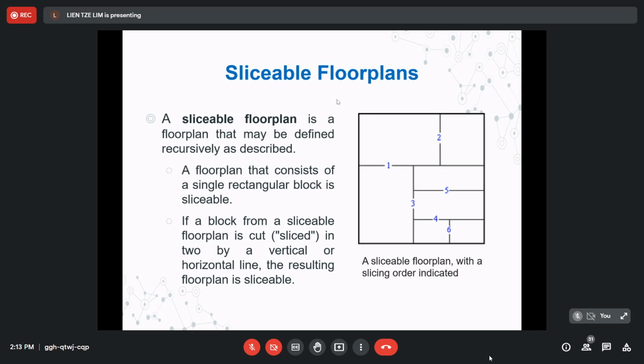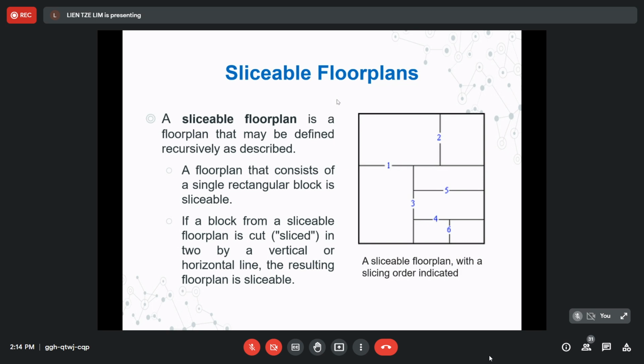We need to divide the space or area to be placed with the macros or blocks, and also make sure that the space is not wasted. We need to optimize the use of the area for the placement of the cells, macros, blocks, or the input-output pads. Later you will see what the elements in the floor plan are.